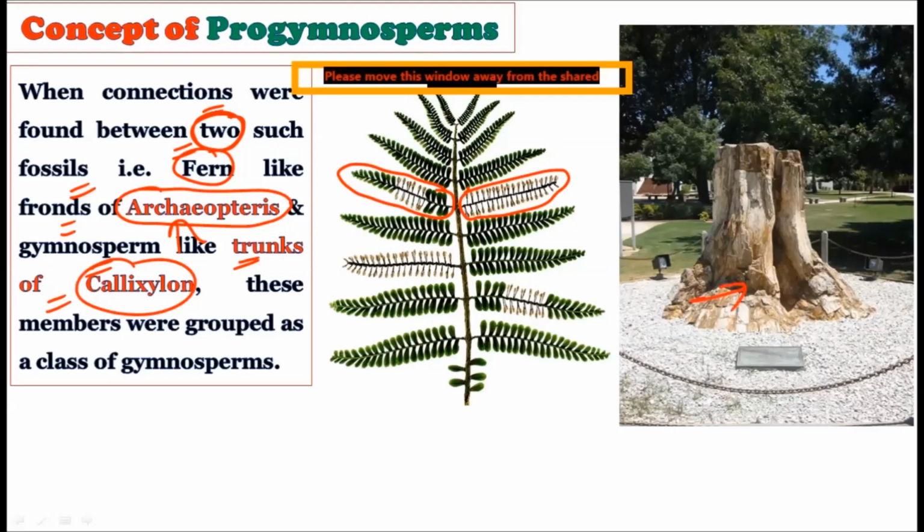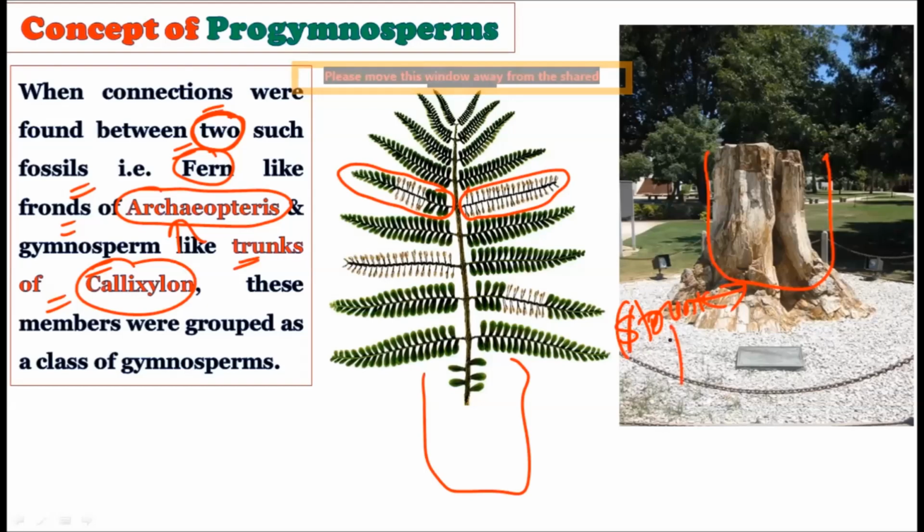You can see this Palaeozoic trunk, and this trunk-like feature is present in these plants. The trunk shows gymnospermic characteristics, while the frond shows pteridophytic characteristics.